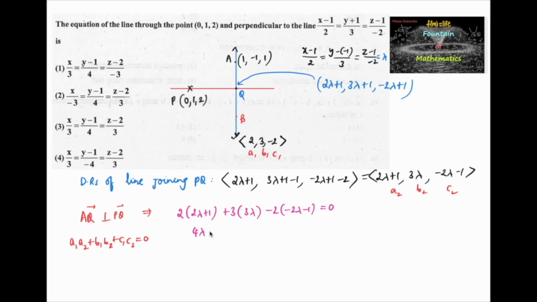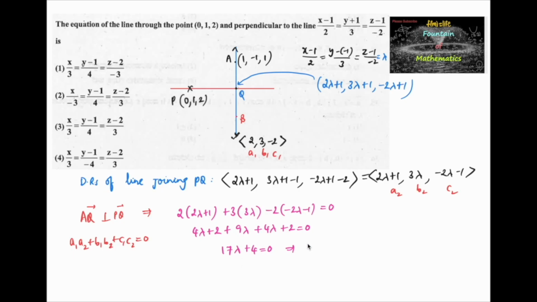So we can simplify and write 4 lambda + 2 + 9 lambda + 4 lambda + 2 = 0. So 13 + 4 = 17 lambda, and again here plus 4 is equal to 0.